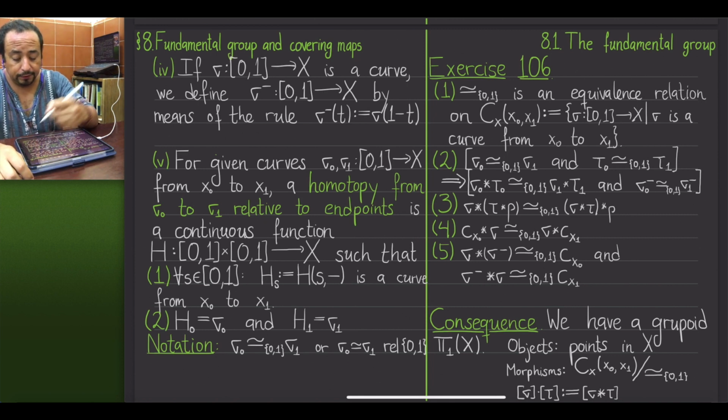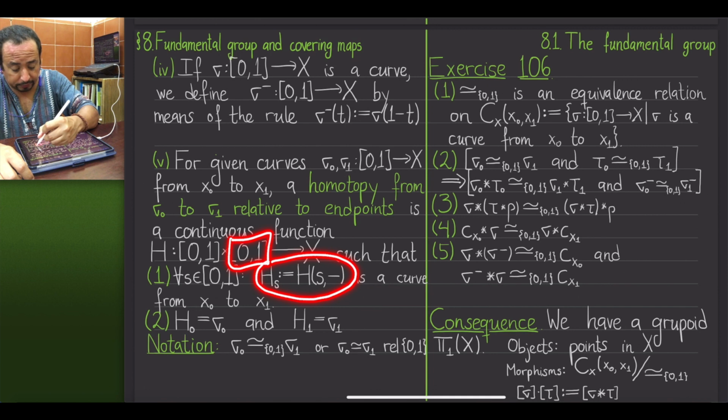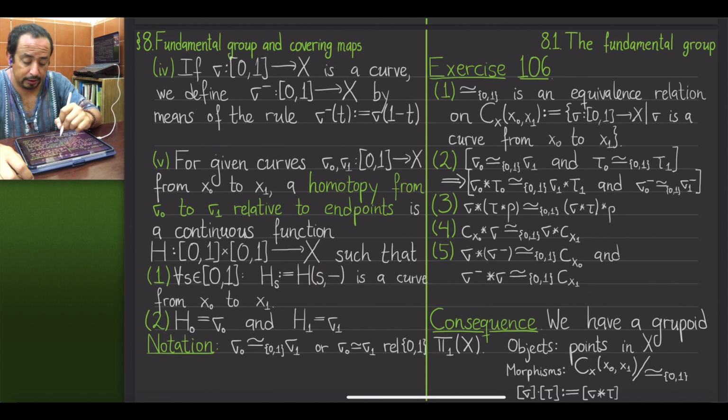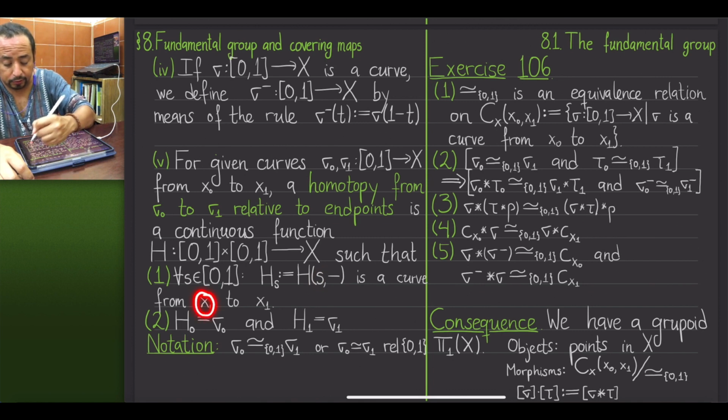So the conditions are that at each time, at every point in time, the map that I obtain from the second interval to x by plugging in this s in the first coordinate is a curve from x0 to x1.